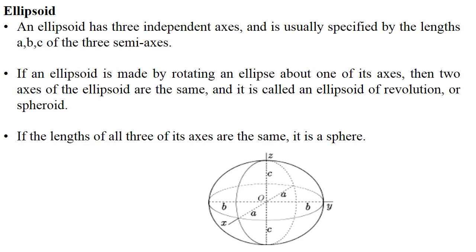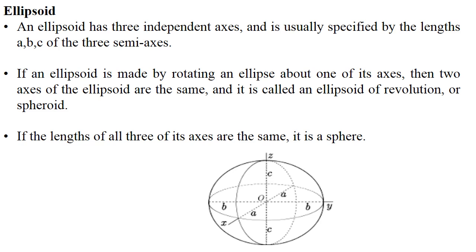You can say that you have ellipsoid and spheroid. If all the axes, which are three, are independent of each other, they are ellipsoid. If two axes are the same and one is different from the two, that will not be ellipsoid; that is actually spheroid. If the lengths of all three of its axes are the same, it is a sphere.